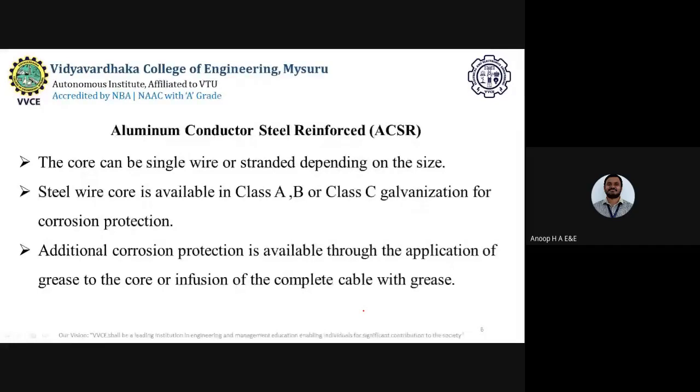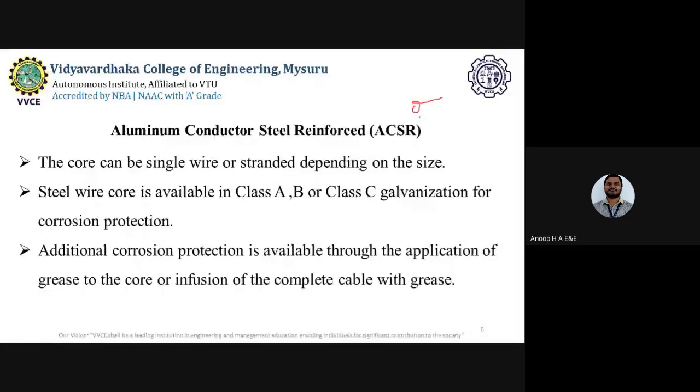So, as the name suggests, ACSR is aluminum conductor steel reinforced. Okay, the core, what you see here. Any conductor is generally circular in nature like this.